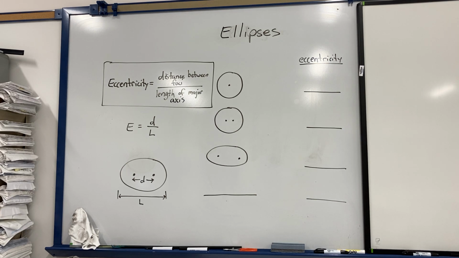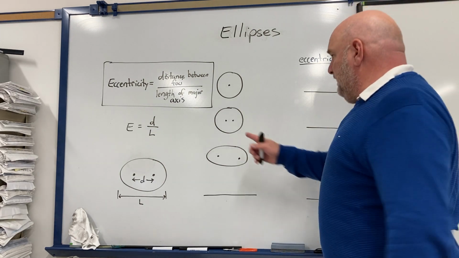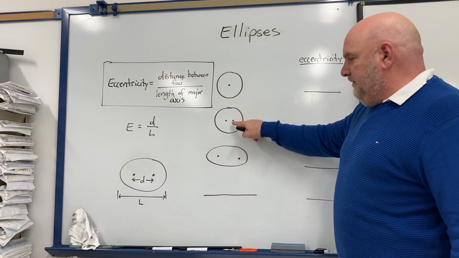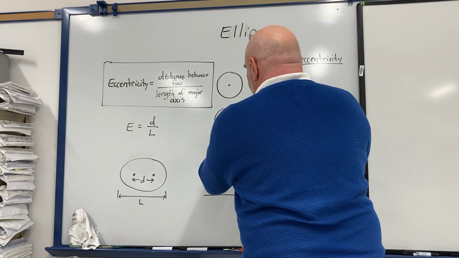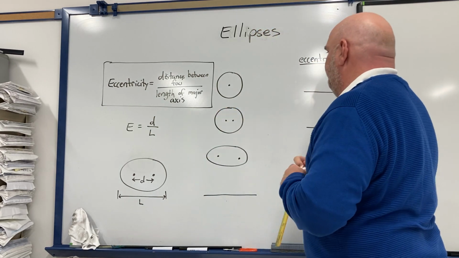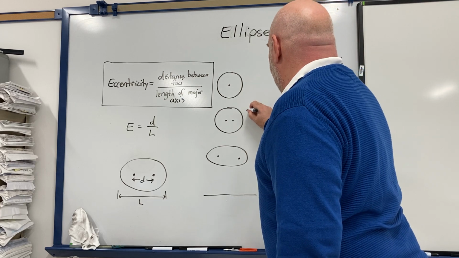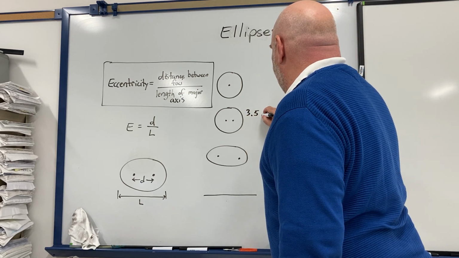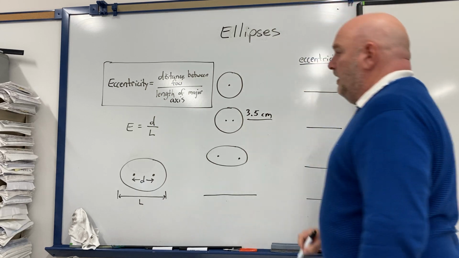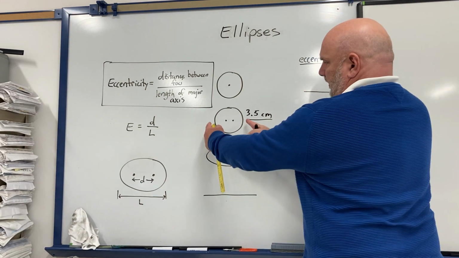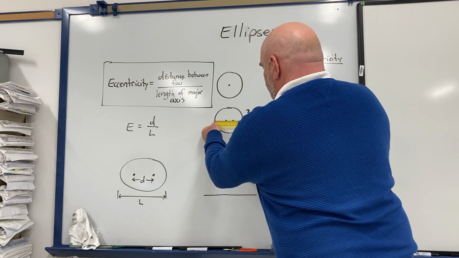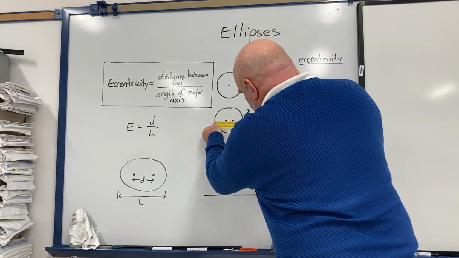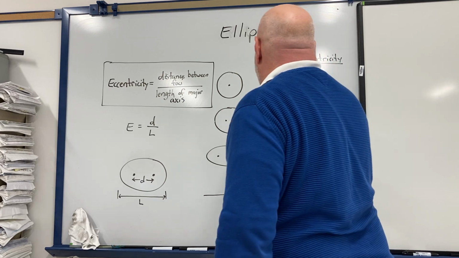And there it is. For this one right here, distance between foci, I'm going to measure in centimeters. And I find that to be 3.5 centimeters. Length of major axis is all the way across like that. I measure that and I get about 13.7 centimeters.